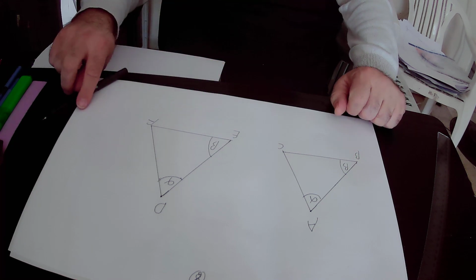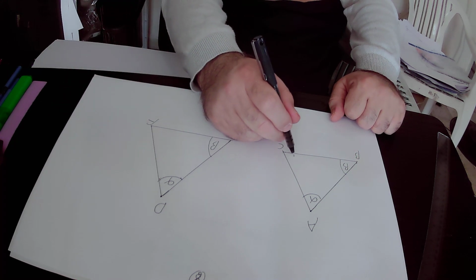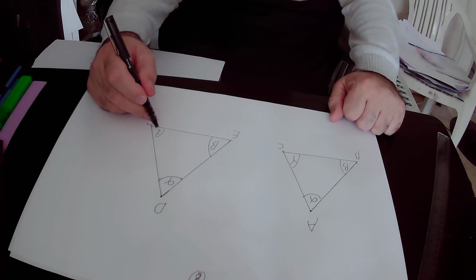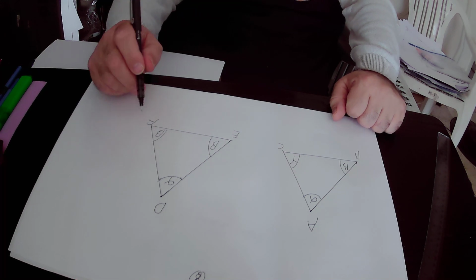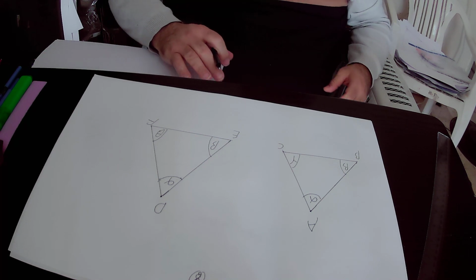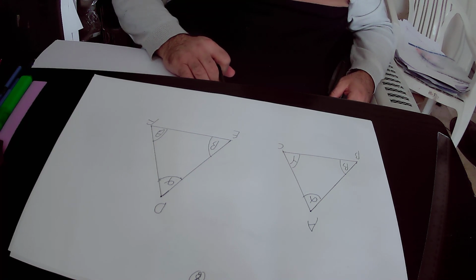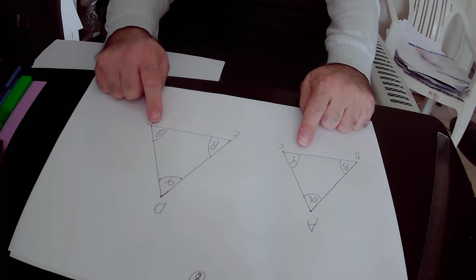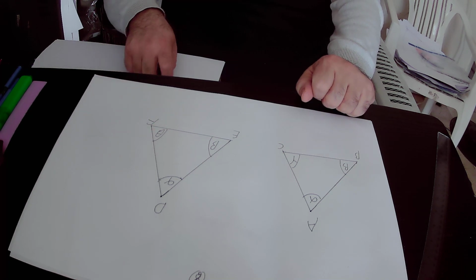And if this angle equals gamma, and this angle equals theta, so if this is the situation, then the third pair of angles must also be congruent to each other. That is to say, angle gamma equals angle theta.